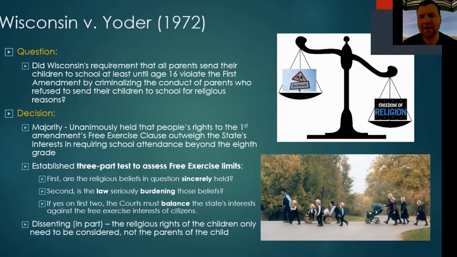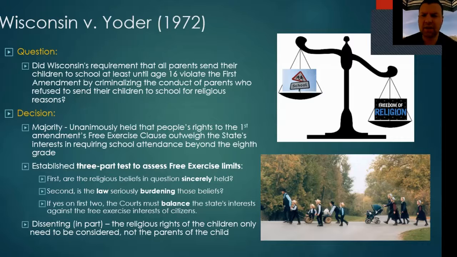And the court agreed unanimously, and said that the Amish community's First Amendment rights and their beliefs about not wanting their children to be put in those settings was a legitimate enough religious belief. It was sincere, and the law, of course, burdened them by trying to make them send their kids to school at that age.